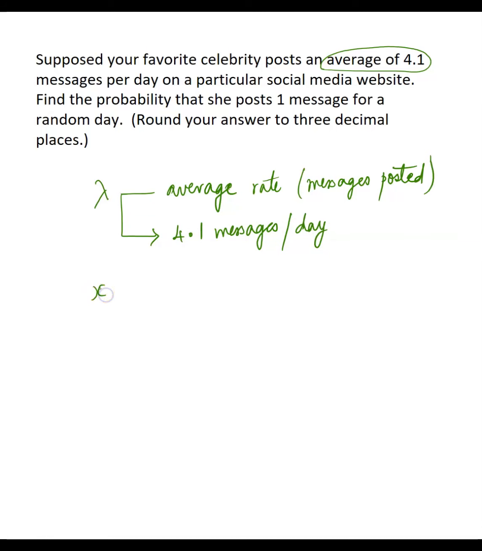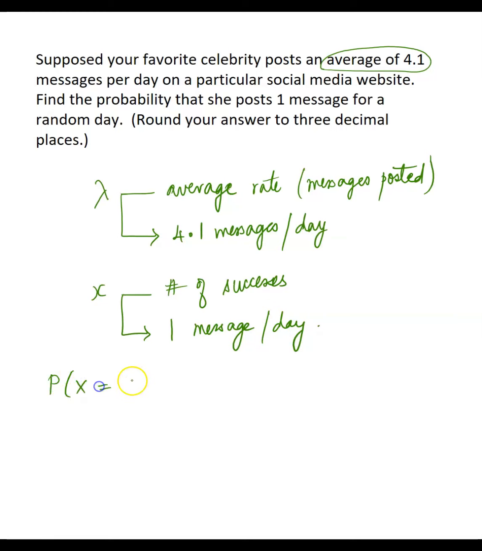And then your x would be the number of successes, right? In this case, success is the number of messages posted, and here it is just one message per day. So in other words, you're asked to find when it's exactly equal to one message a day, right?